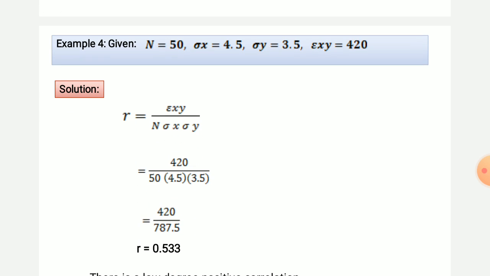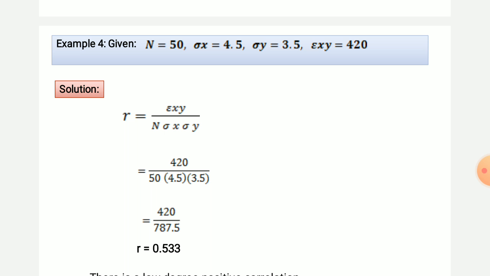Now in this problem, n is equal to 50, sigma x is equal to 4.5, sigma y is equal to 3.5, sigma xy is equal to 420. Having these values, we have to calculate Karl-Pearson's coefficient of correlation.